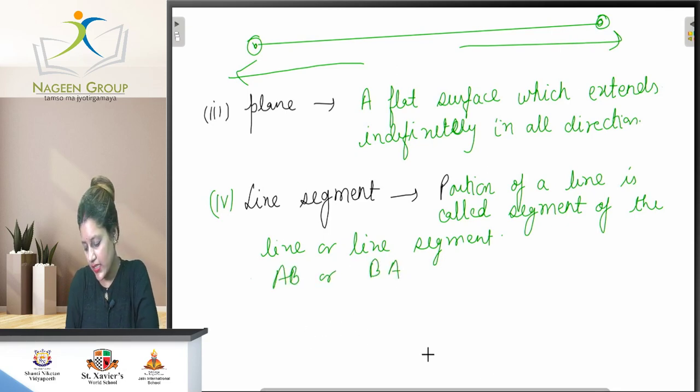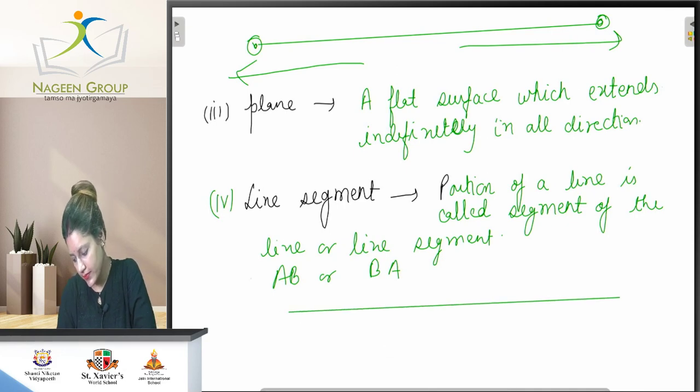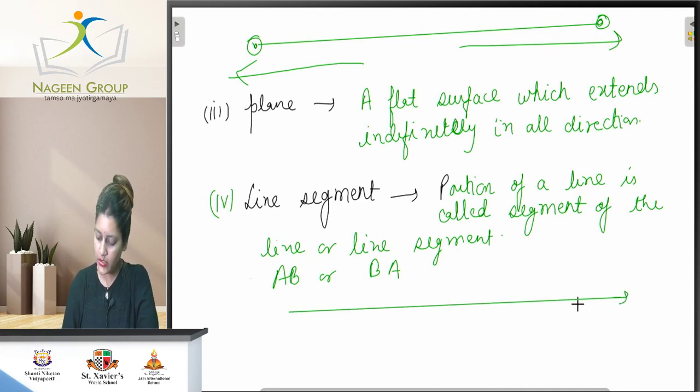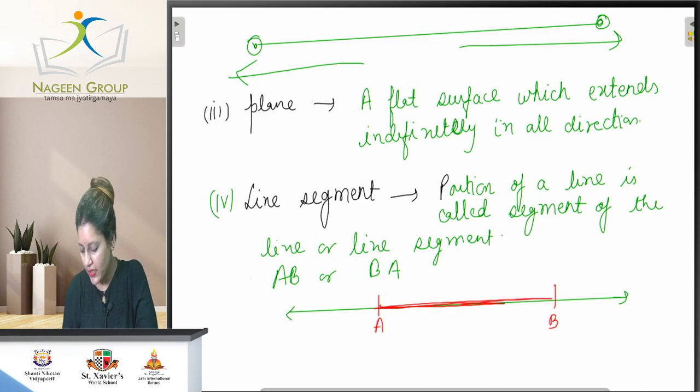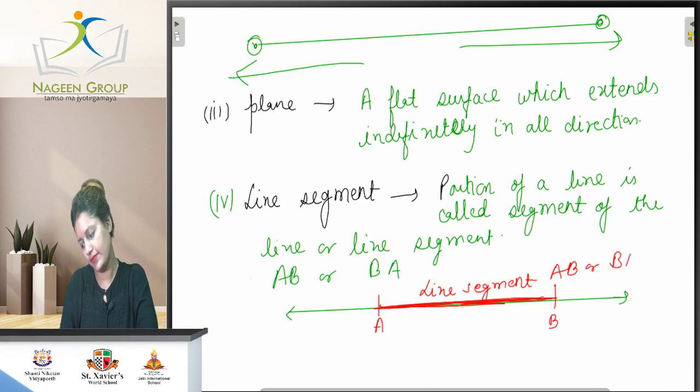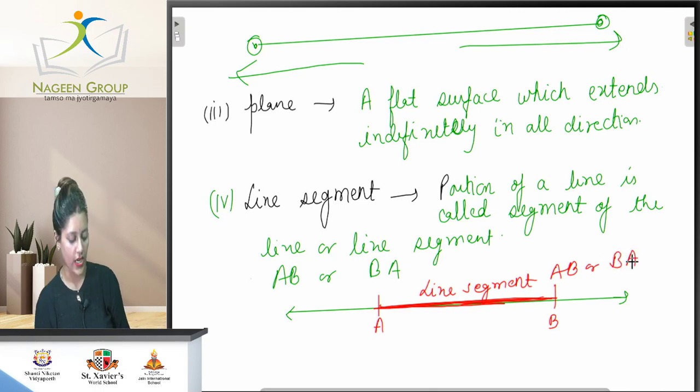There is a line which is increasing on both sides, and if we have defined it by some points, that is A and B, then this part between these points is known as a line segment, as AB or BA. We can read it from both sides.